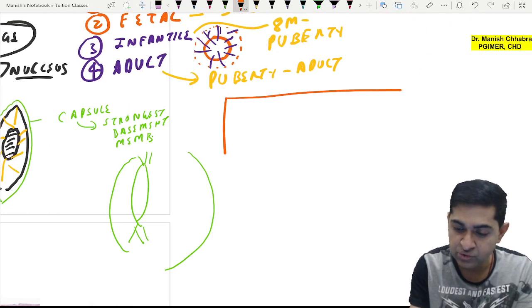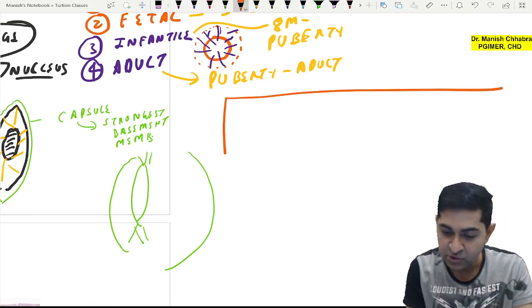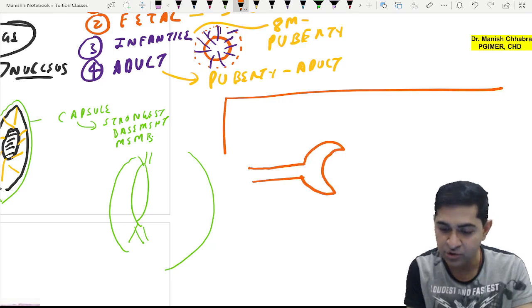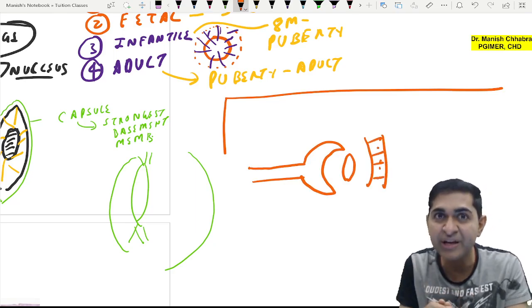I am just going to tell you. So during the development of the lens, there is hyaloid artery. So if this is your optic cup, I'm just going to repeat it. This is your lens which is developing. This is your surface ectoderm. Now lens is vascular or avascular?